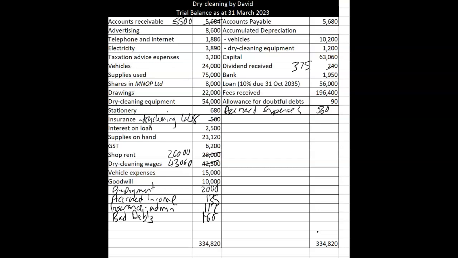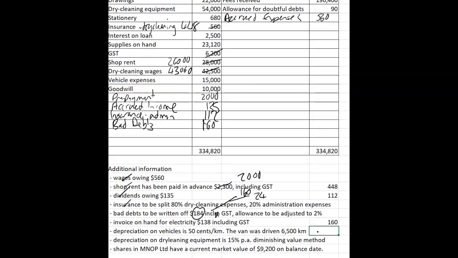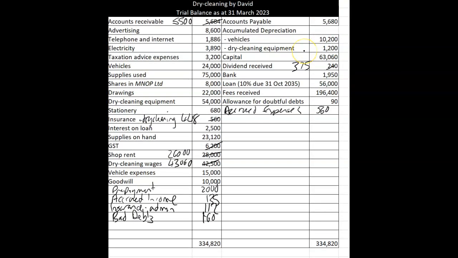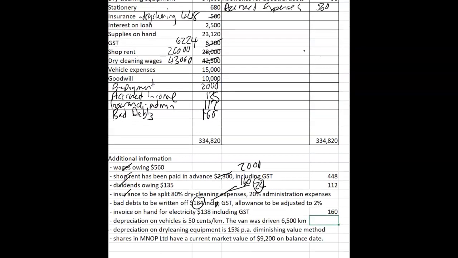GST is actually on the different side normally. So basically, GST, we can claim that back, which means the government owes us more. I'll just check that figure. We've got that 24 there. So we're going to add the 24 to the GST. And tick that one off.